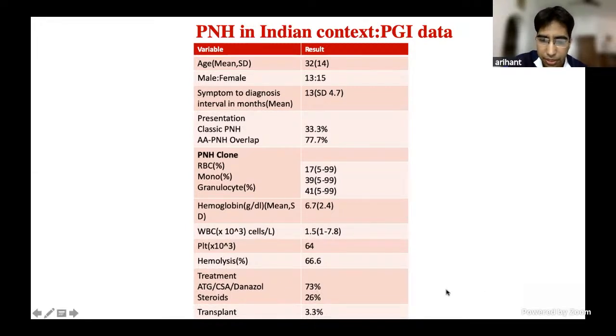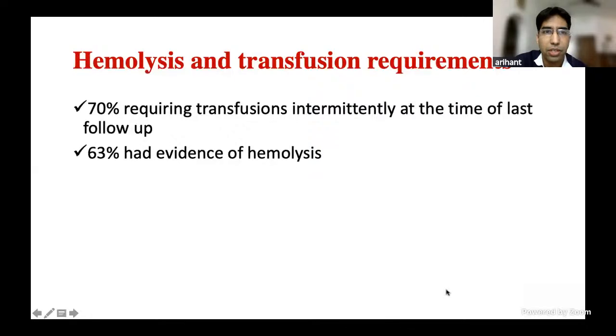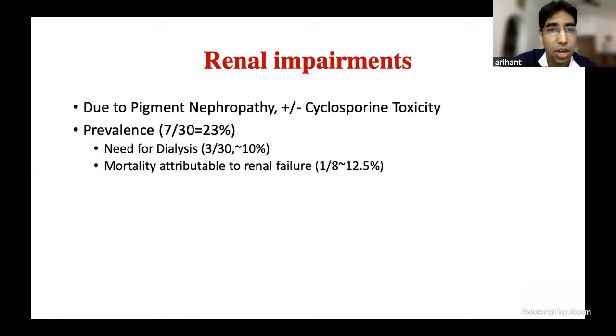Around 3% underwent a transplant. Looking at hemolysis and transfusion requirements, around 70% were requiring transfusions intermittently when they were last followed up, and 63% had evidence of hemolysis.